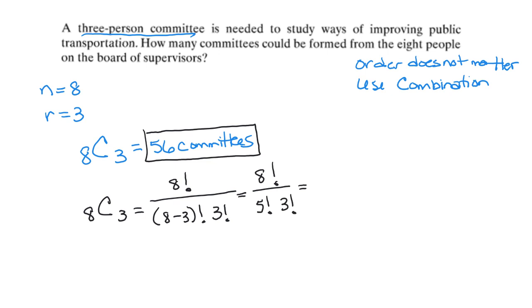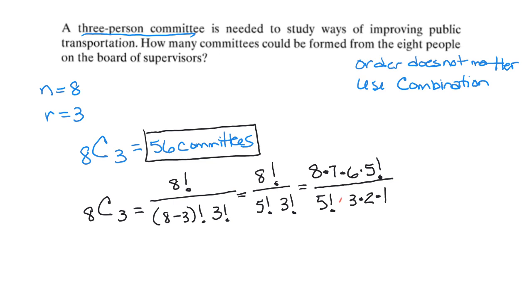And I'll show the handwork on this. For the numerator, I'm going to take this as 8 times 7 times 6 times 5, and I'm going to stop at 5 factorial because I have a 5 factorial in the denominator. And I'll expand the 3 factorial. 3 times 2 times 1.